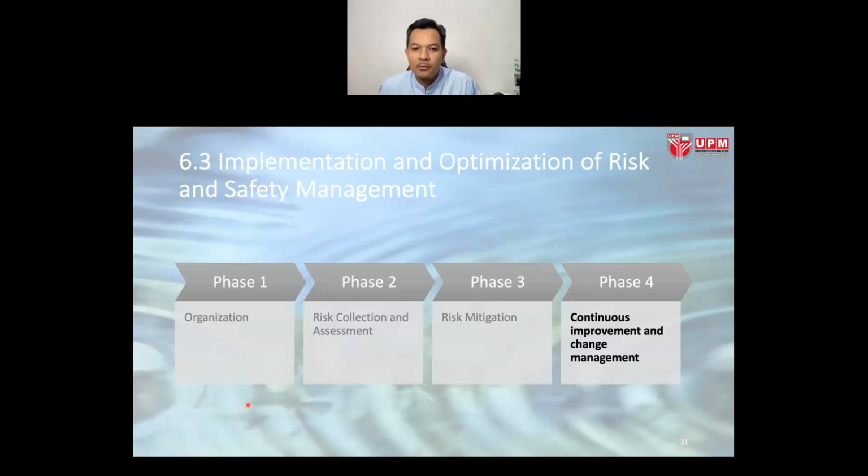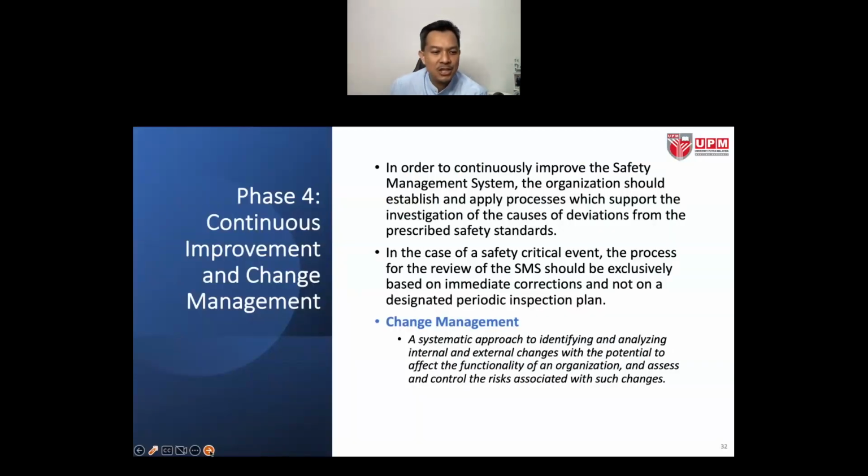Okay, so we can now move into the final phase, the fourth phase, about continuous improvement and change management. In order to continuously improve the safety management system, the organization should establish and apply processes which support the investigation of the causes of deviation from the prescribed safety standard.